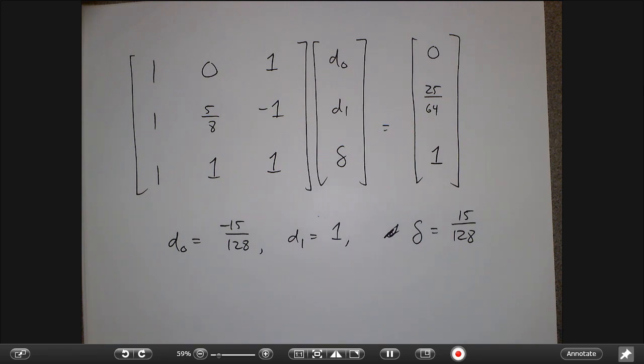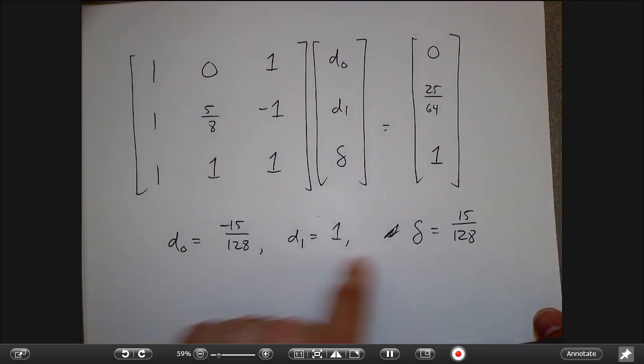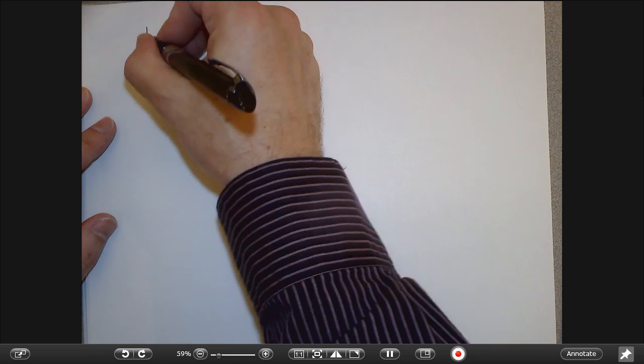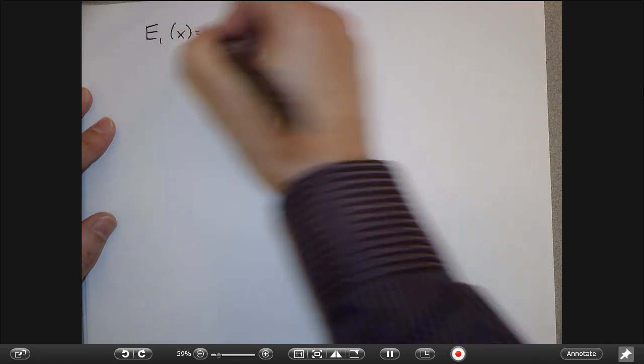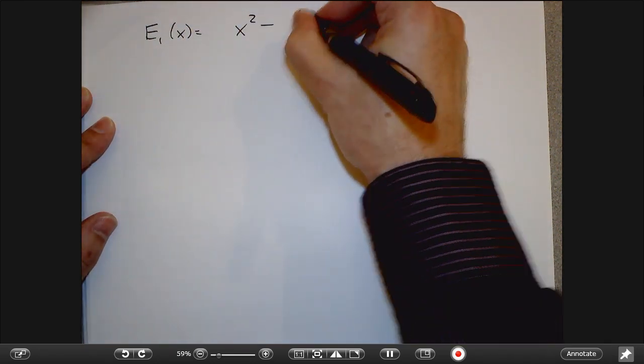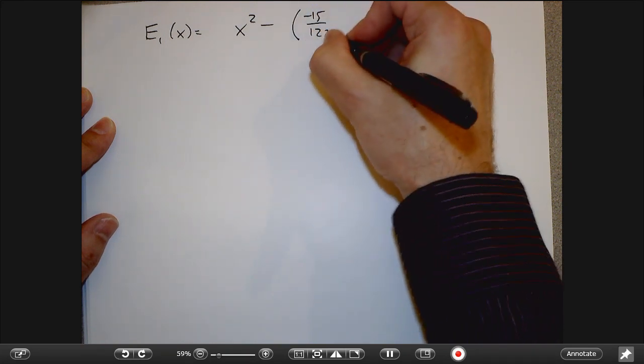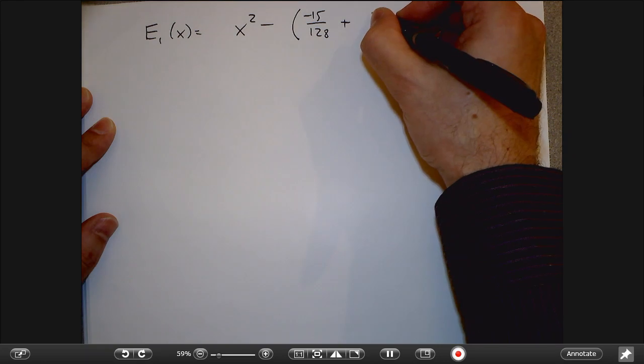So, in some sense, this is a different function, right? Now if I'm going to draw my function, I have to figure out what this new linear function looks like compared to the quadratic. So my error function, again, is going to be the difference between x squared and this new linear function.